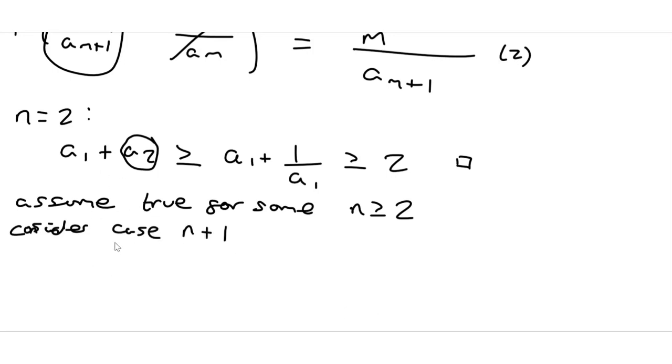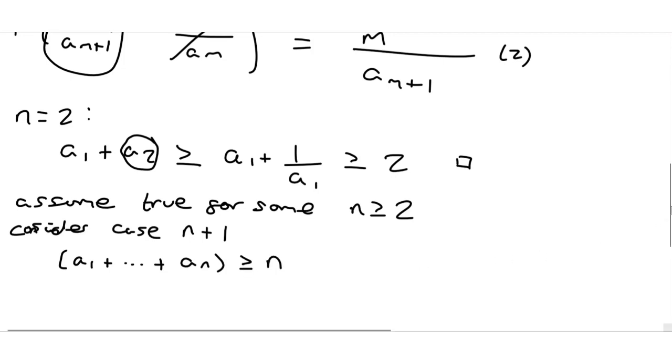Now our assumption that this is true for some n greater than 2 means that we have a1 all the way up to an greater than or equal to n.